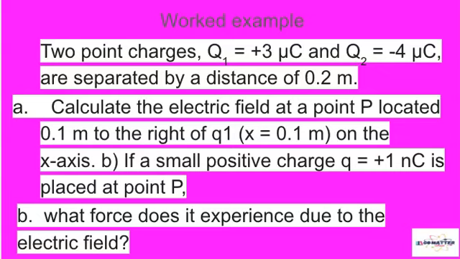B. If a small positive charge q equals plus 1 nanocoulomb is placed at point P, what force does it experience due to the electric field? Please try to do this before you look at the solved example.